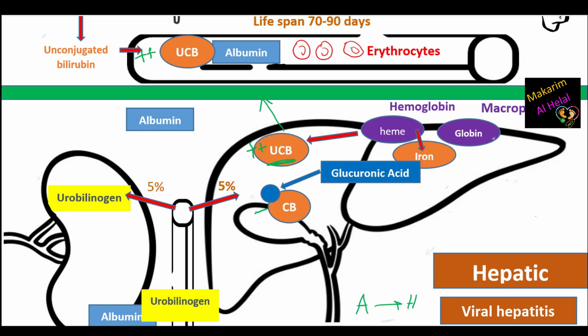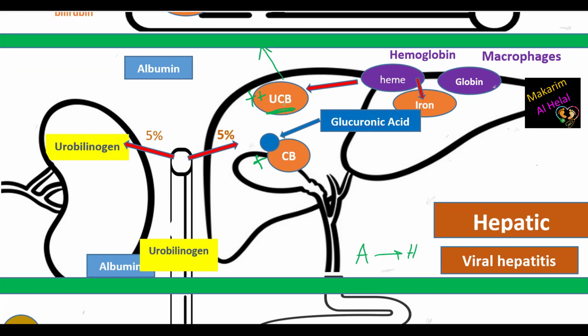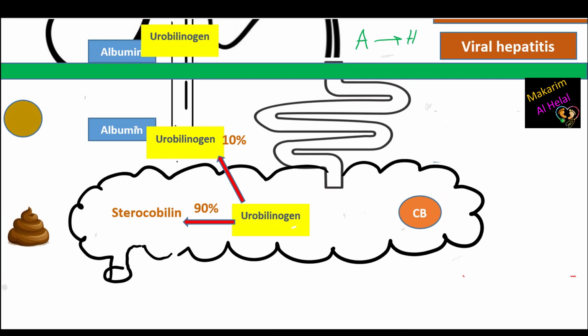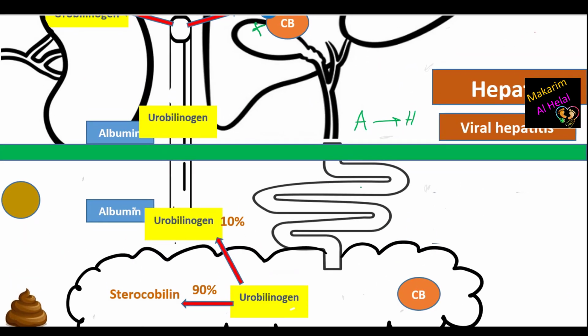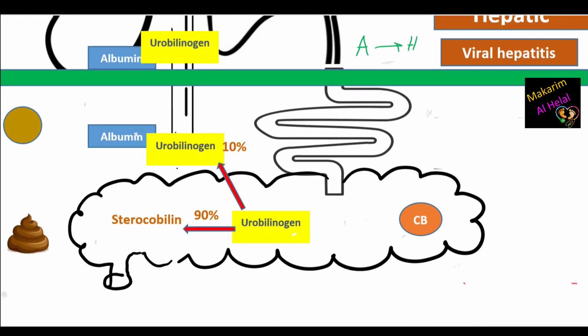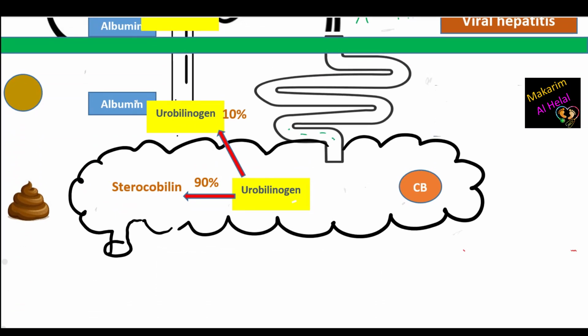Conjugated bilirubin here is noted as 1 plus because not all the unconjugated bilirubin is conjugated, and some of the conjugated bilirubin regurgitates. Conjugated bilirubin is water soluble and goes to the small intestine through the common bile duct till it reaches the lower segment of the small intestine and first part of the large intestine. Here, conjugated bilirubin is converted to urobilinogen.